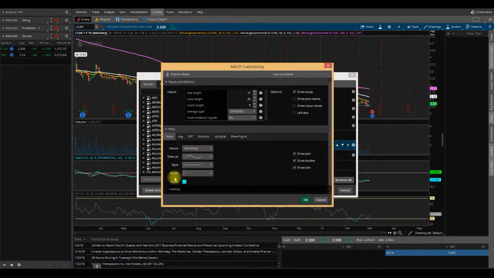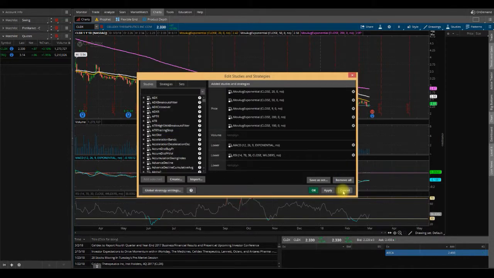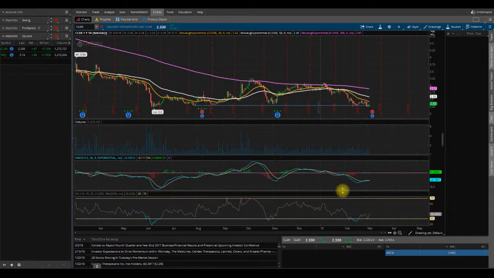So the blue line is a value, and the white one is the average. Alright, so the theory behind it is that the blue line, which is a value, whenever it crosses the white line, is a bullish trend or a bullish signal, and it's an opportunity to get in.